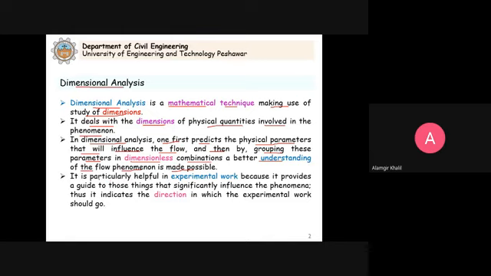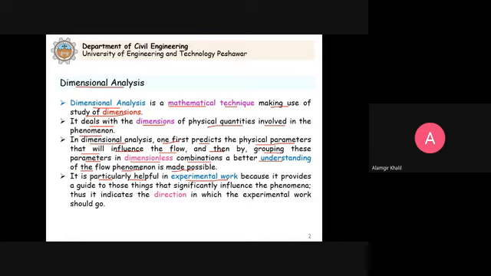This dimension analysis is particularly helpful in experimental work. As I already explained in the previous lecture, we considered one case, for example, the change in pressure, the pressure drop, you can say, per unit length. So we identified that what are the parameters that are important. And you can see that there were 5 variables or parameters, and using the dimensional analysis we could reduce to 2.